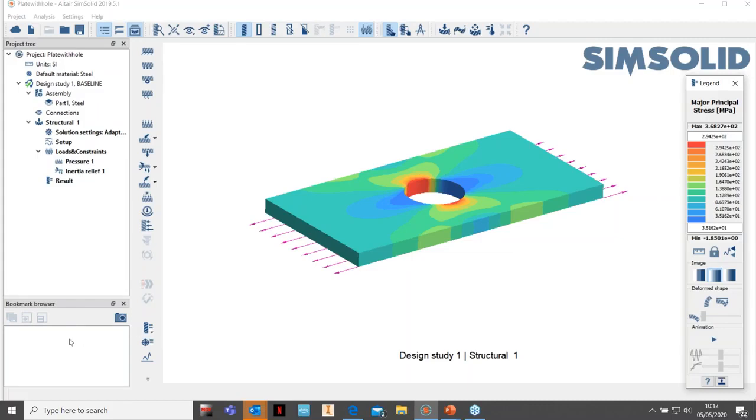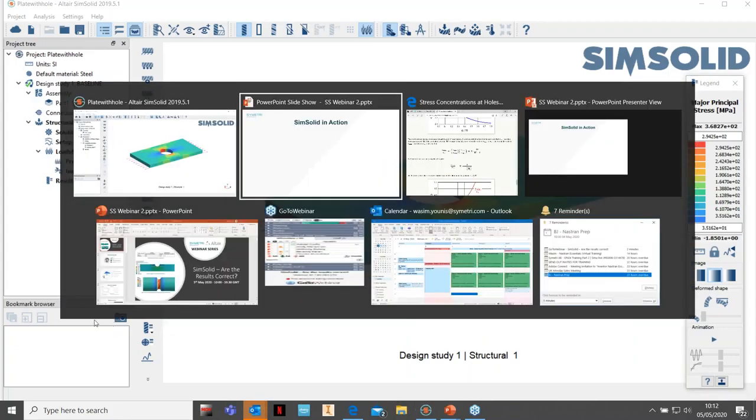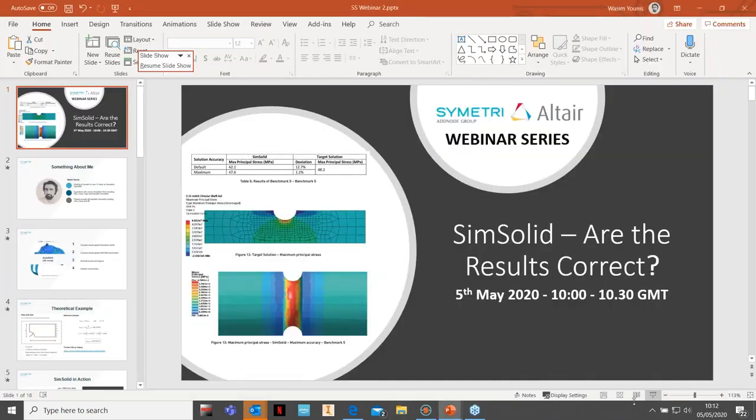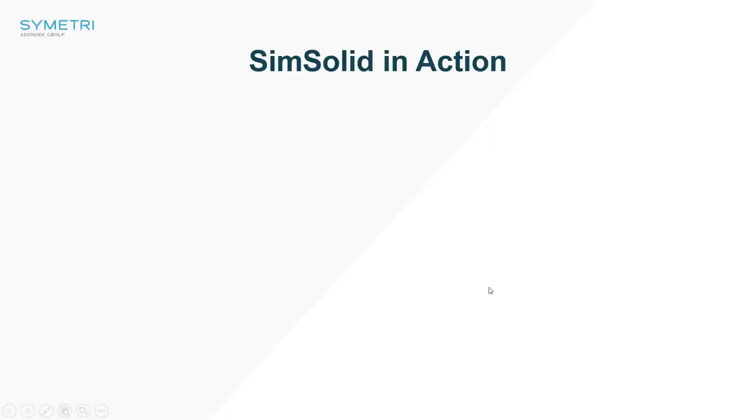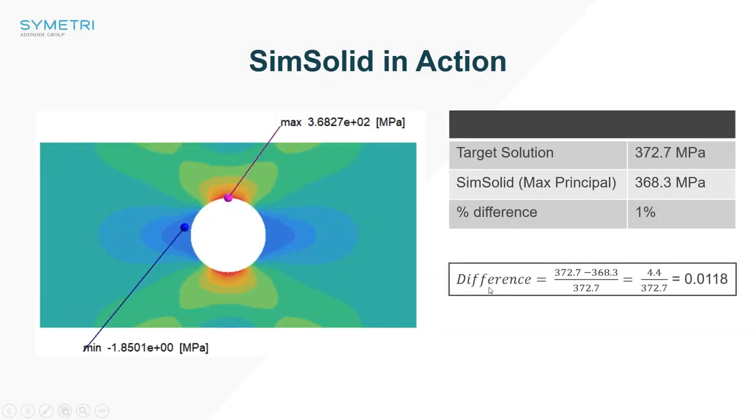If I go back to my presentation, taking the value of 368 gives us a stress result difference of less than 1%. So this is a simple example to compare the results.